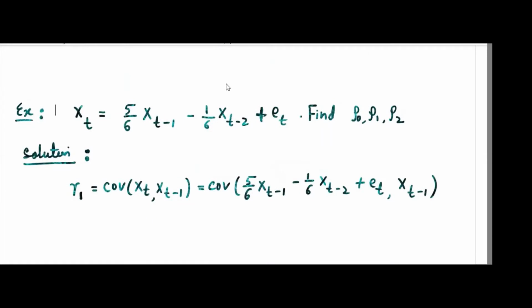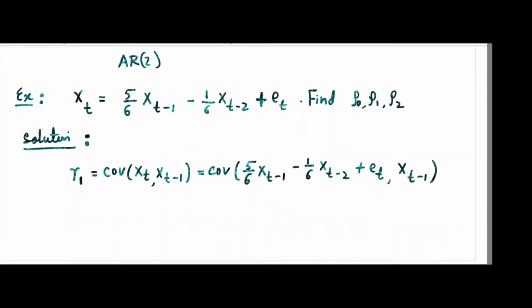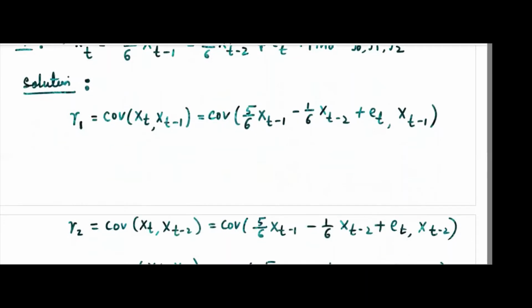Now this is an AR(2) process, remember AR(2), and you have to find the autocorrelations and autocovariances for AR processes this way. If MA processes are given, I will go to those later anyway. We have different ways of finding them. Remember this is the standard way.